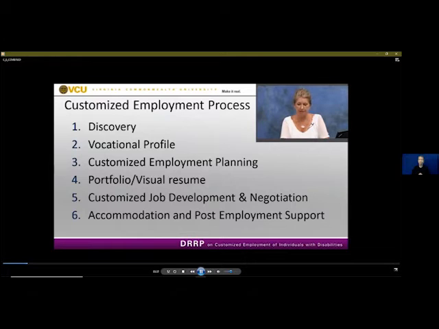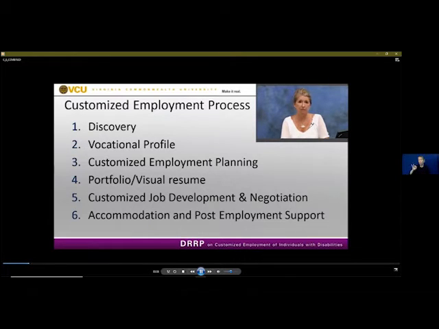Next, let's take a few moments to walk through the steps of the customized employment process, and we're going to look at each of these more in depth. So the individual starts out in discovery, then moves into a vocational profile or a discovery profile.